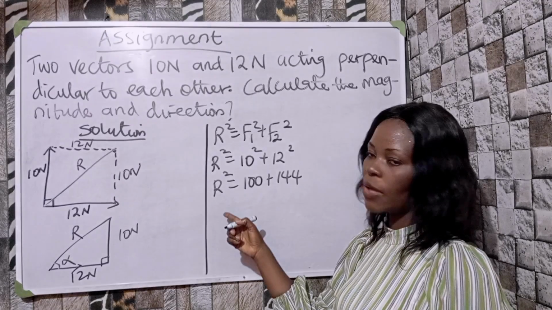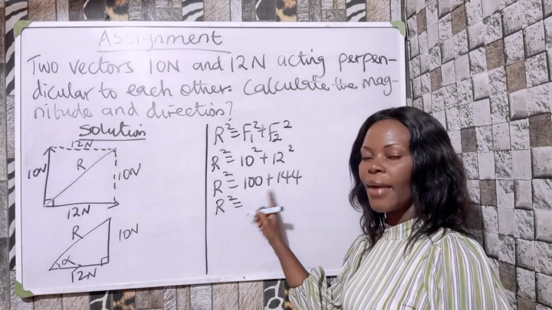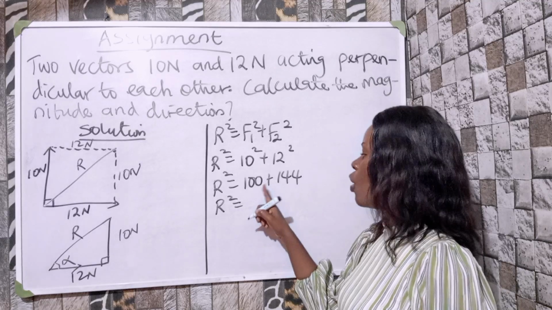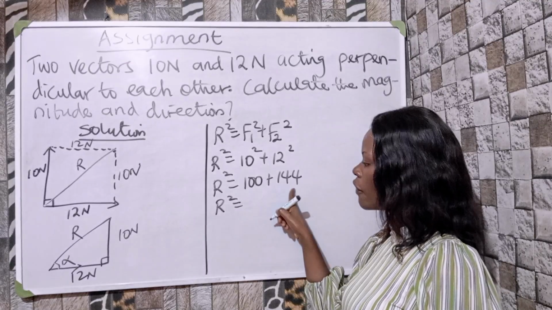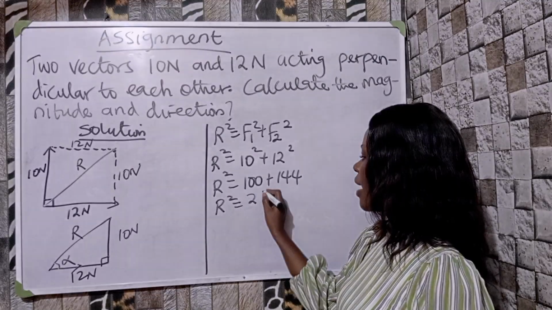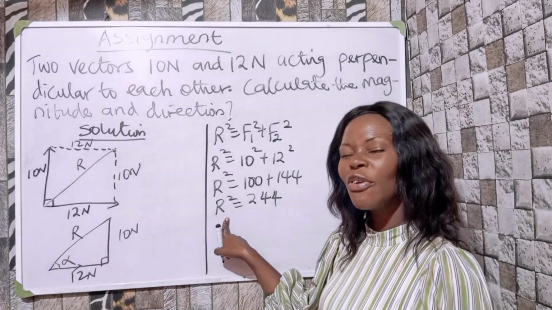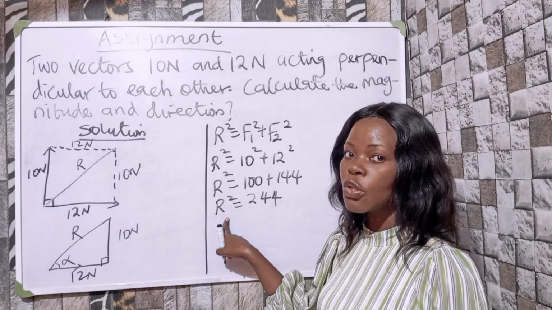I will add these two together. 100 plus 144 gives us 244, so we have 244. Then remember, I am looking for R and not the square of R.